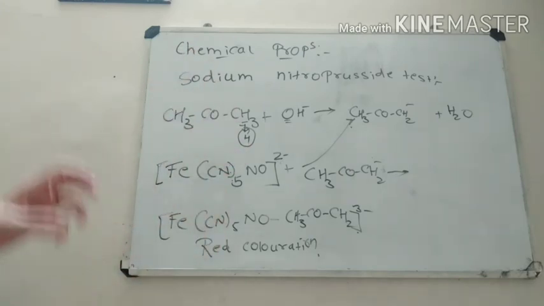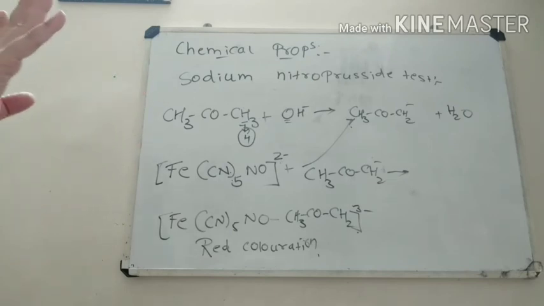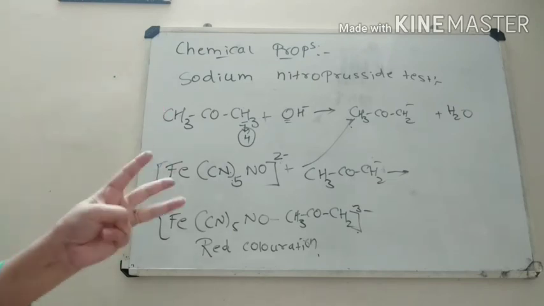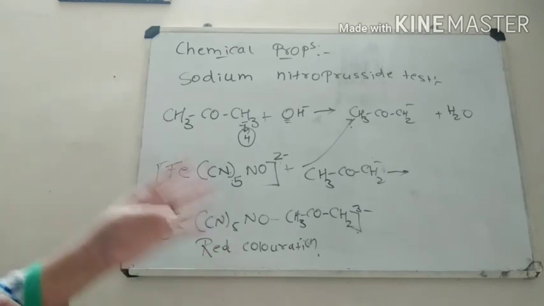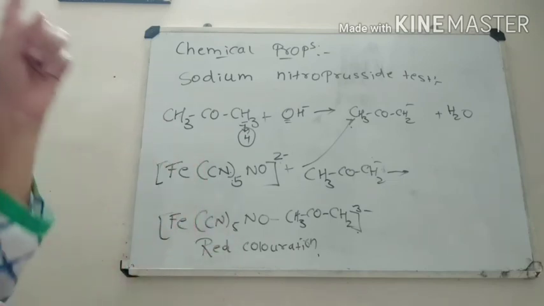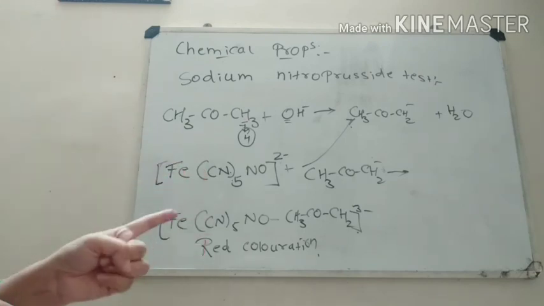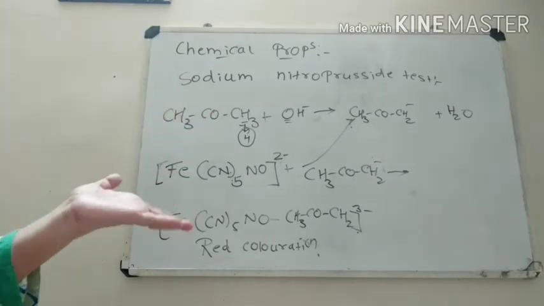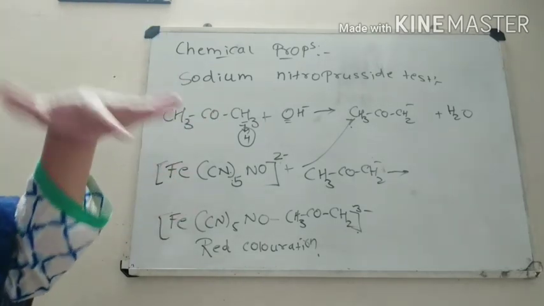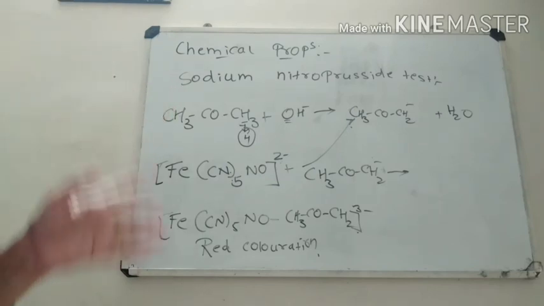So in this way, we have done a total of 4 properties of aldehyde and ketone. The 3 properties for the aldehyde are shown only by the aldehyde, not by the ketone. What is the reason behind that? In the aldehyde, the general formula is RCHO, and hydrogen is directly attached to the carbonyl carbon, while in the ketone, hydrogen is not directly attached to the carbonyl carbon.